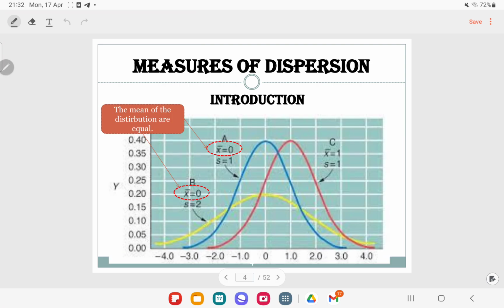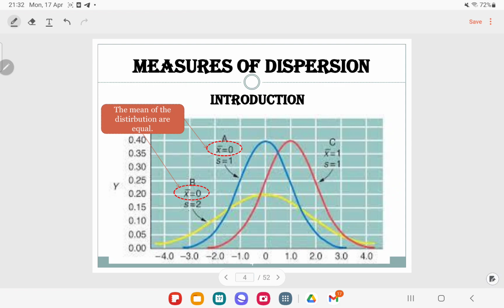So for example, referring to this graph, we can see that we have three distributions, starting with the yellow one, then the blue one, and also the red one. Based on this, the mean value is equal, however the standard deviation value is unequal.